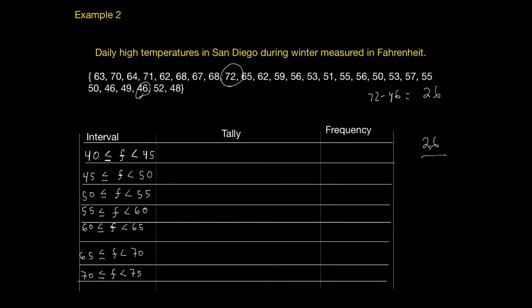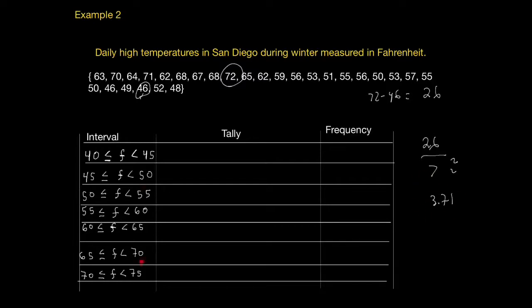Let's say we wanted to split this up into 7 bins, we would divide it by 7, and here we would get an approximation of 3.714. So 3.71, I'll leave it as 3.71. So here it's telling us that we can arrange our bins into categories of 3.